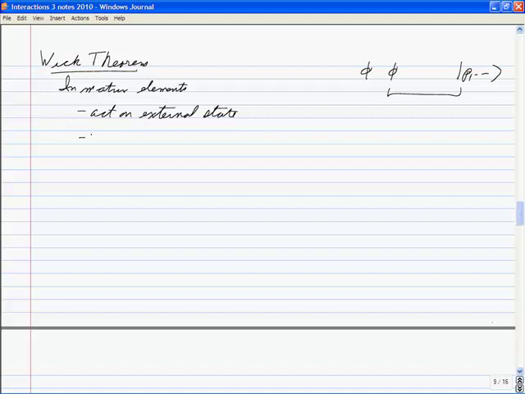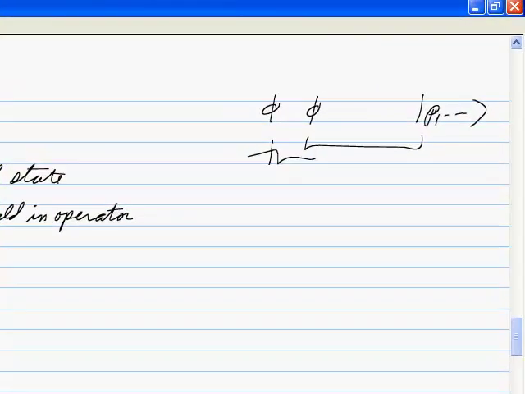Or they could act on another field in the operator. So I'm calling the operator that guy there, so this field here could annihilate that guy.